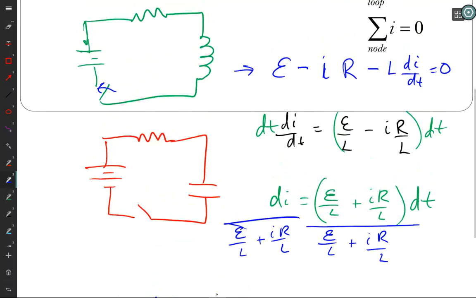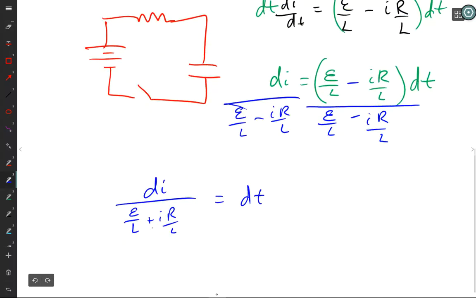I dropped a minus sign somewhere. It's important. So now I can integrate the two sides independently. The right side, integrate from time initial equals 0 to time final. That's easy.